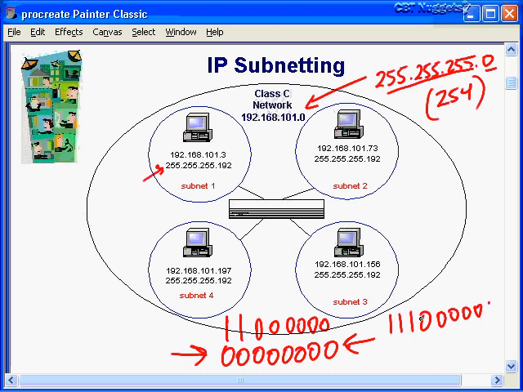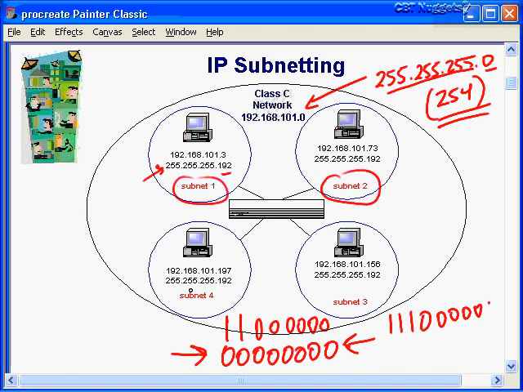Now, the more bits you use to create subnetworks, again, the fewer hosts you have per subnetwork. So if I want to create 4 subnets where I had one large network originally, I could use a mask of 255.255.255.192, which is the first 2 bits, 128 plus 64. Say you turn those on, it gives you 192 instead of 0. I can use that subnet mask for all the hosts in my company, and that gives me 4 subnetworks.